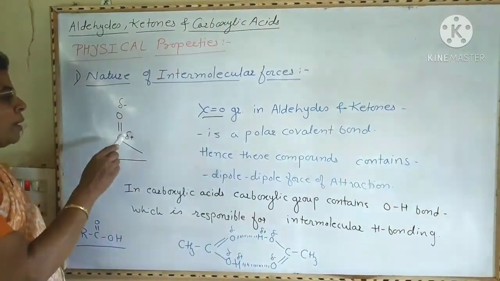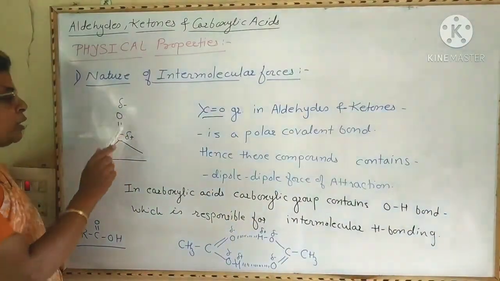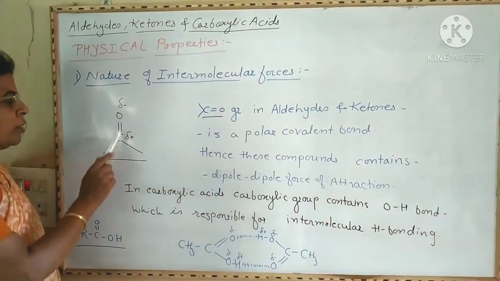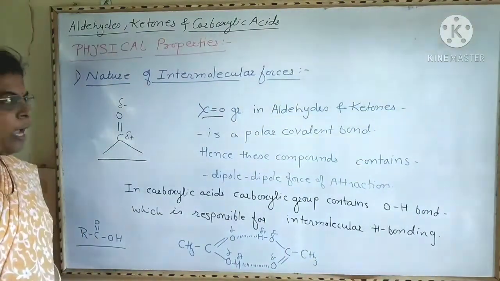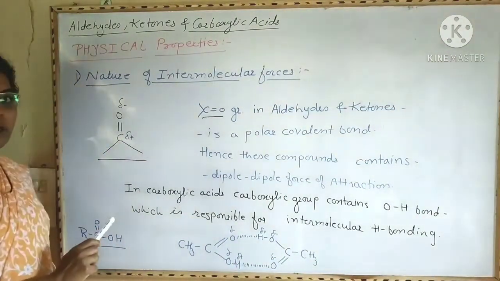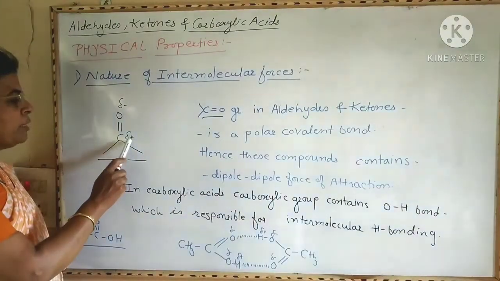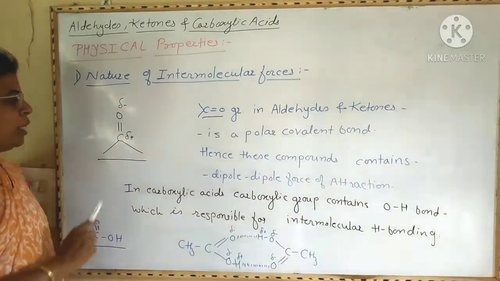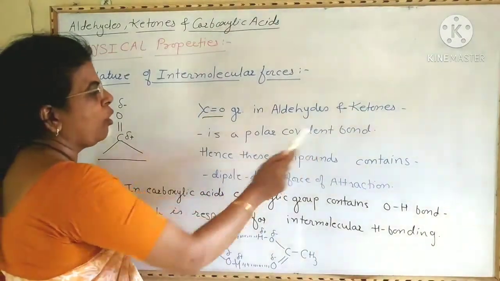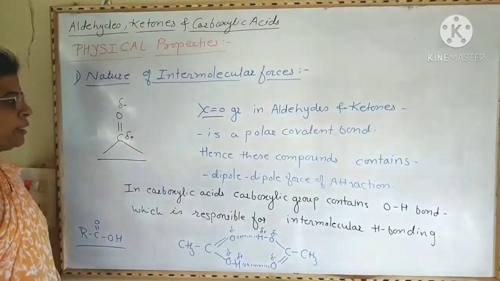That is, this oxygen atom acquires a partial negative charge and this carbon atom acquires a partial positive charge, and thus polarization of this covalent bond takes place.